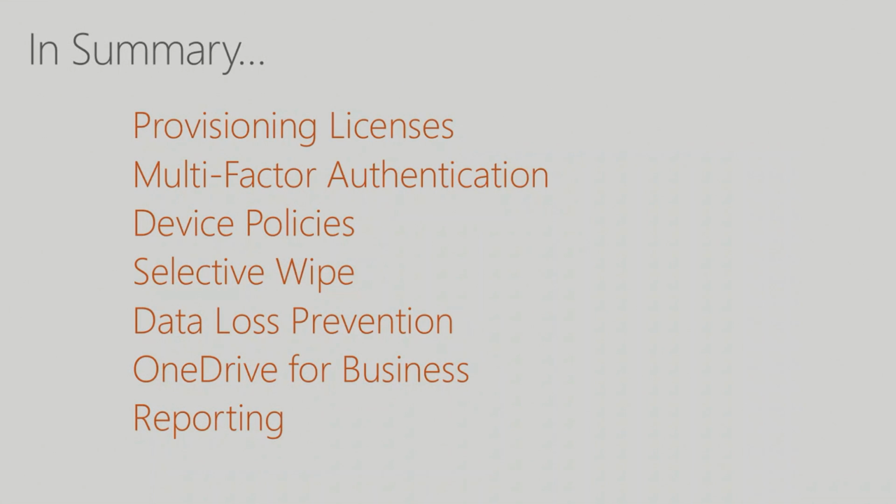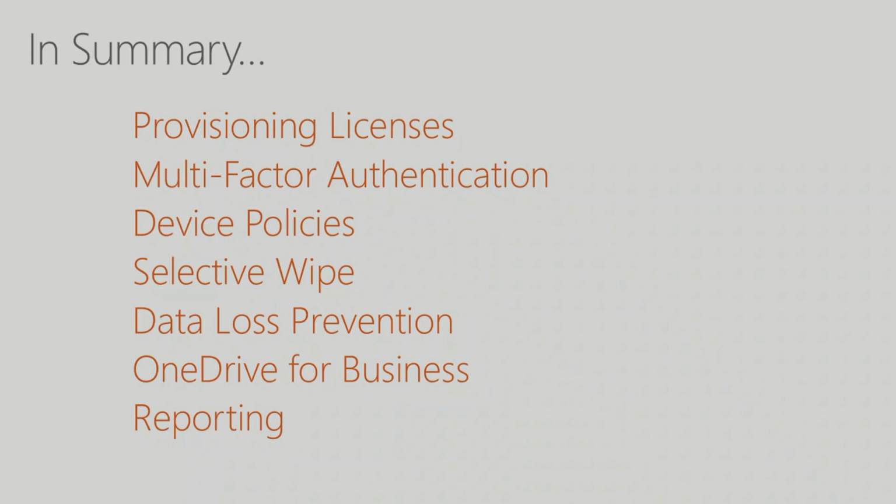Thanks, James. So in summary, we've got just a few minutes here to wrap up. So let's recap, right? The way that you allow your users to be productive on any device at any time from anywhere is to go into the portal and assign them the Office 365 Pro Plus license, right? That's step one. Then there's a multitude of ways that you can protect the device.